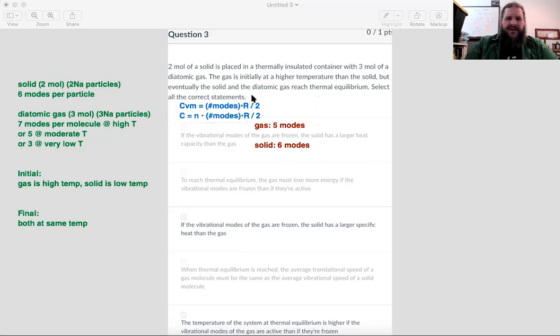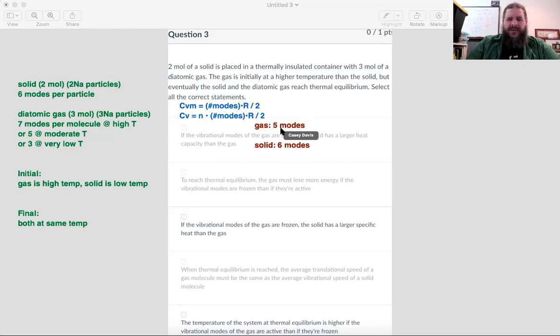So the heat capacity of the whole substance, I should say CV because we are assuming constant volume here, is N times all that. Because the number of modes times R over 2 is the heat capacity for exactly 1 mole, also known as the molar specific heat. But the heat capacity of the entire sample is that specific heat times the number of moles.